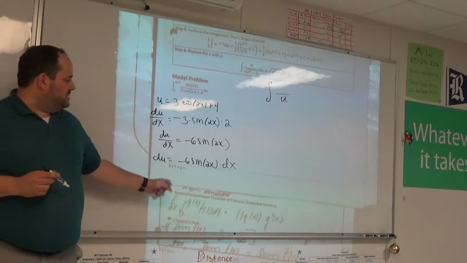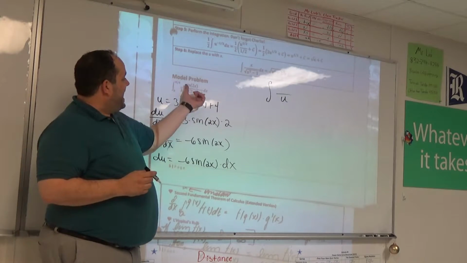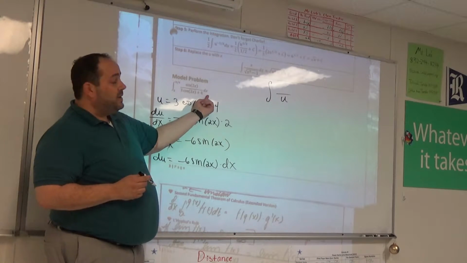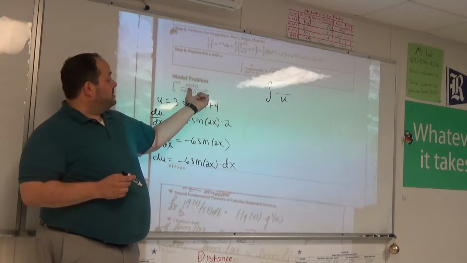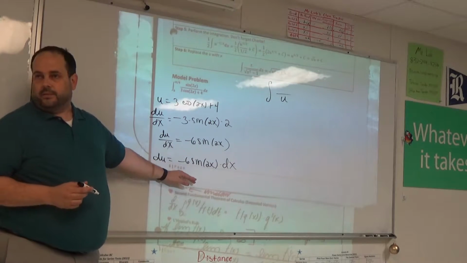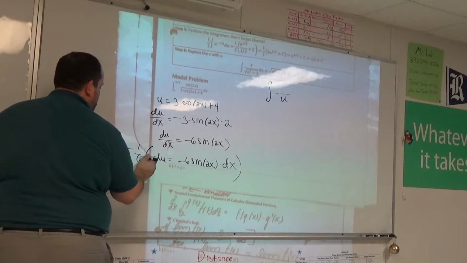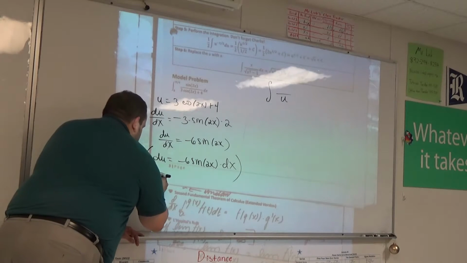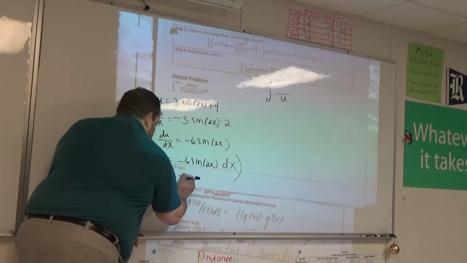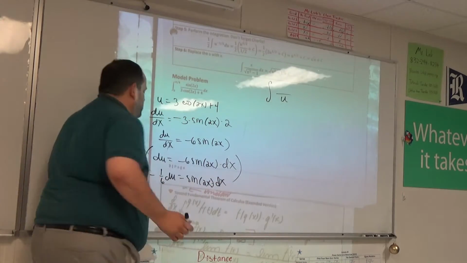Right, if du is equal to negative 6 sine 2x times dx, and what I have in my integrand is sine 2x dx, then what you need to do is replace that sine 2x dx with what it's equal to down here. Some people think about this as multiplying both sides by negative 1/6, and so they say, oh, negative a sixth of du equals sine of 2x dx, great.